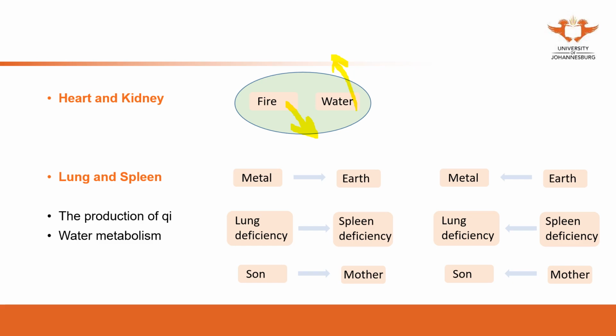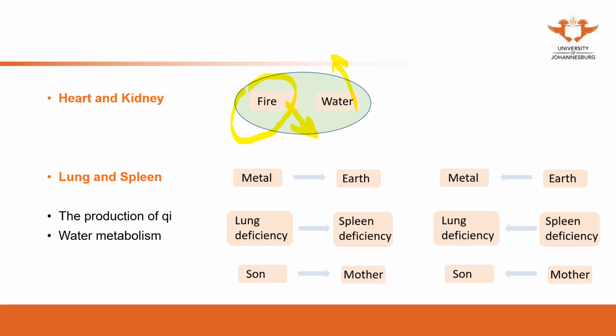So that's the kidney and heart fire. This is the physiological condition. In the pathological changes, such as excess fire in the heart, there's not enough water going up to assist the heart.